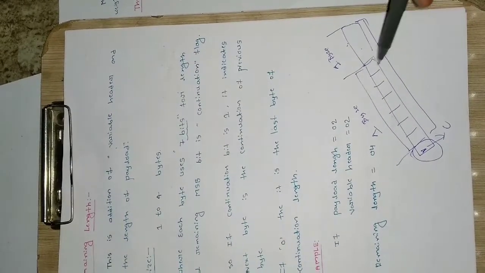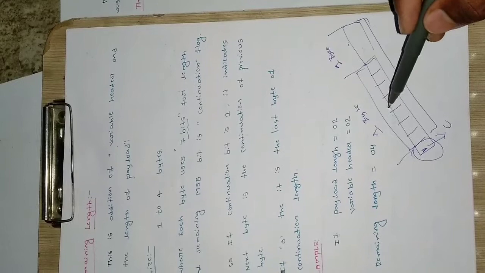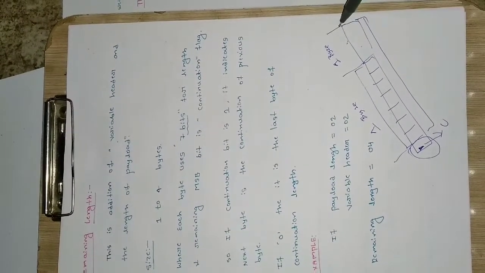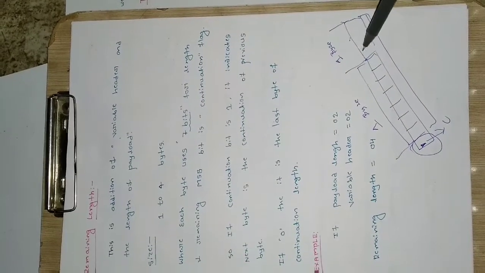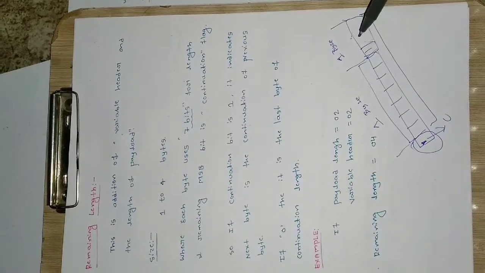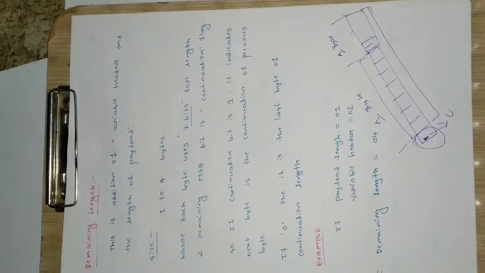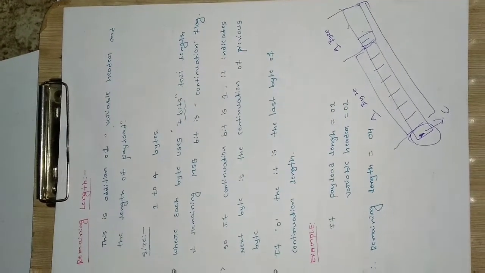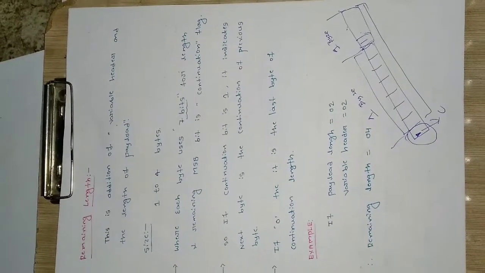It is the continuation of the previous bytes itself. If you have another byte here, then we need to put 1 in this MSB as well, to indicate that the next byte is the continuation of the present one. That's the meaning of using the MSB bit as a continuation flag.